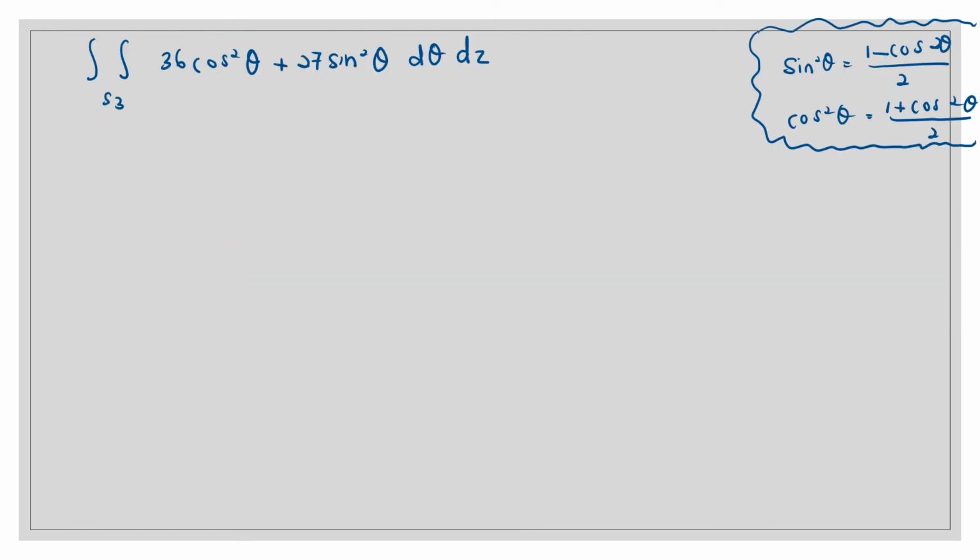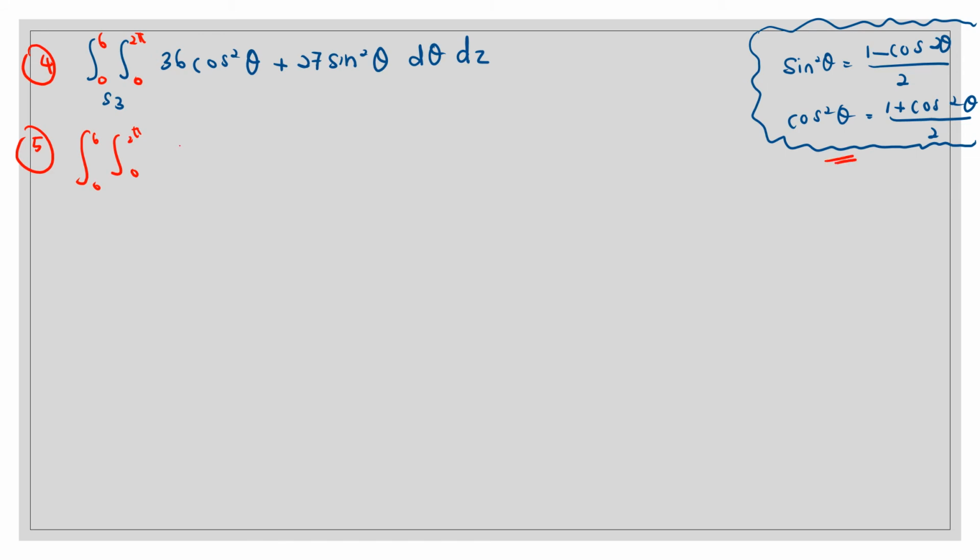Okay, step number 4, we need to find the limits of integration. So theta here is 0 to 2 pi because it is a full circle, and z is 0 to 6. So you can solve the integration. You can replace cos squared theta and sin squared theta with these identities.